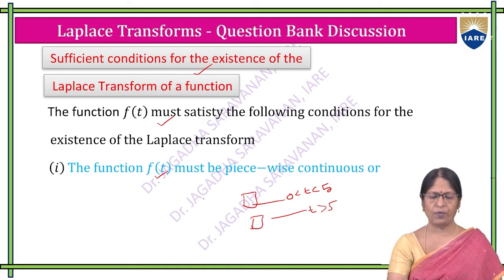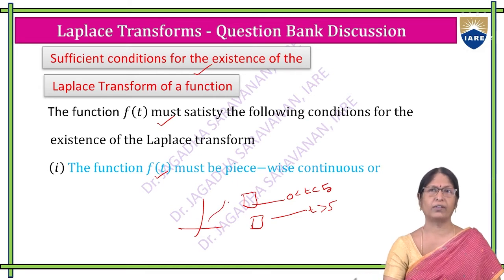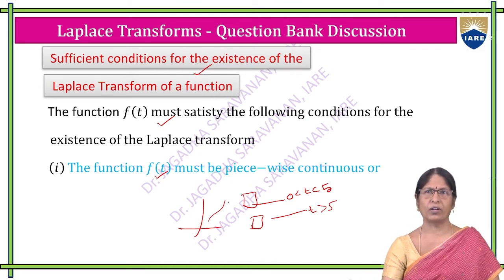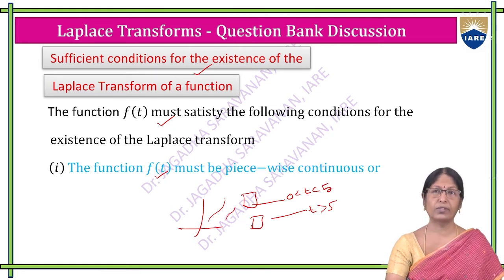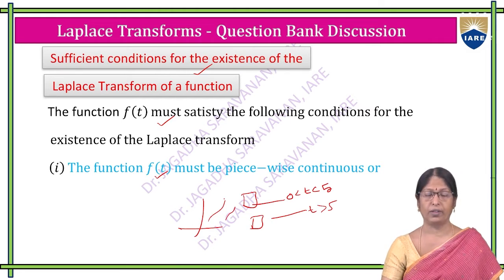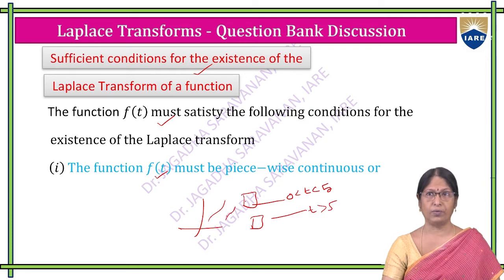When plotting, from 0 to 5 we get one curve, and from 5 to infinity we get another curve. The two curves are discontinuous with each other, but at each point of this curve it is continuous, and at each point of the other curve it is also continuous.